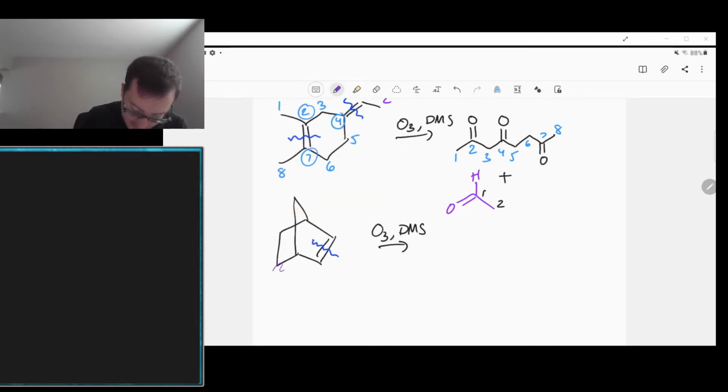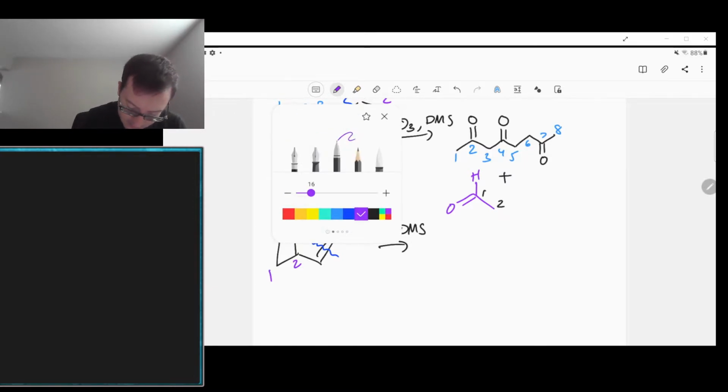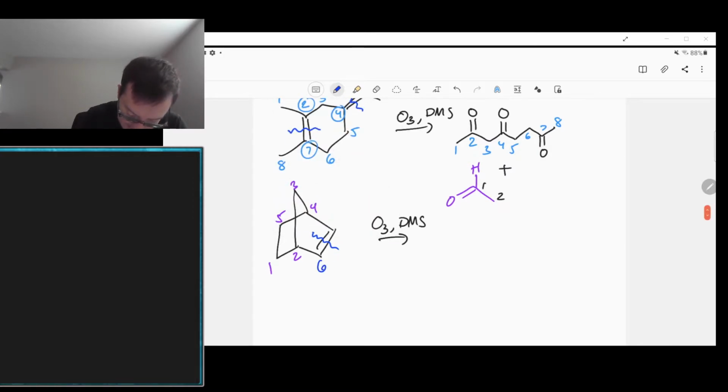Let's look at what we're doing here. I'm going to number the carbons of our ring, because we are going to have a ring. That's our main parent here. And then we're going to have 2 carbons outside of that ring, which I'm going to number 6 and 7. And 6 and 7 are going to carry the double bonds.